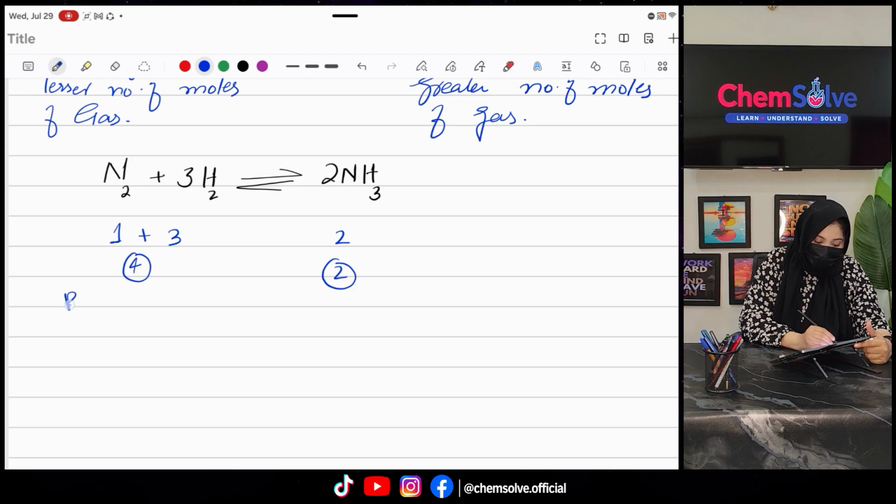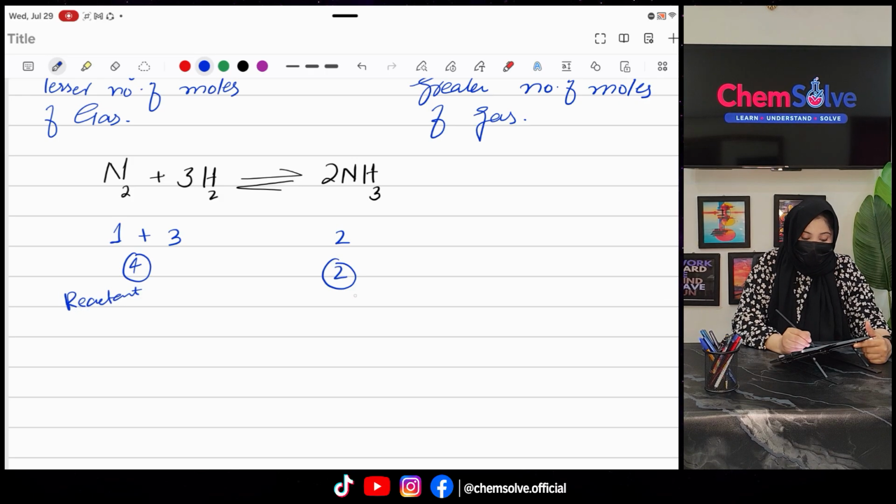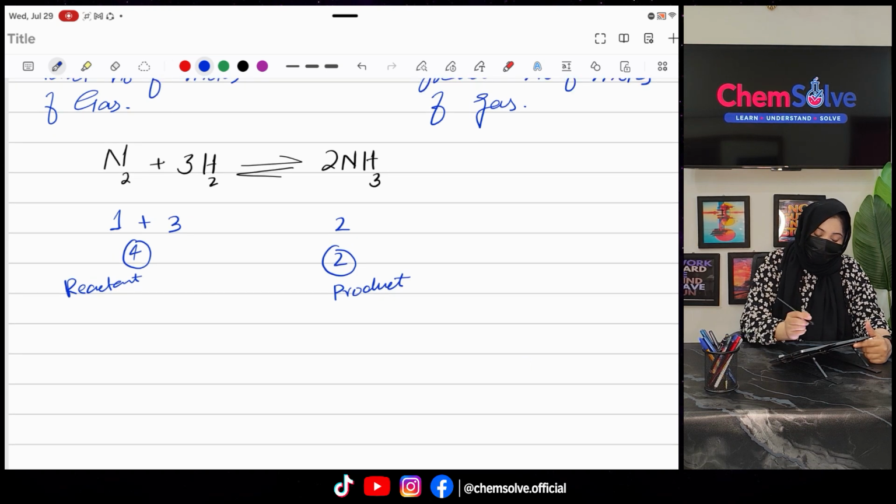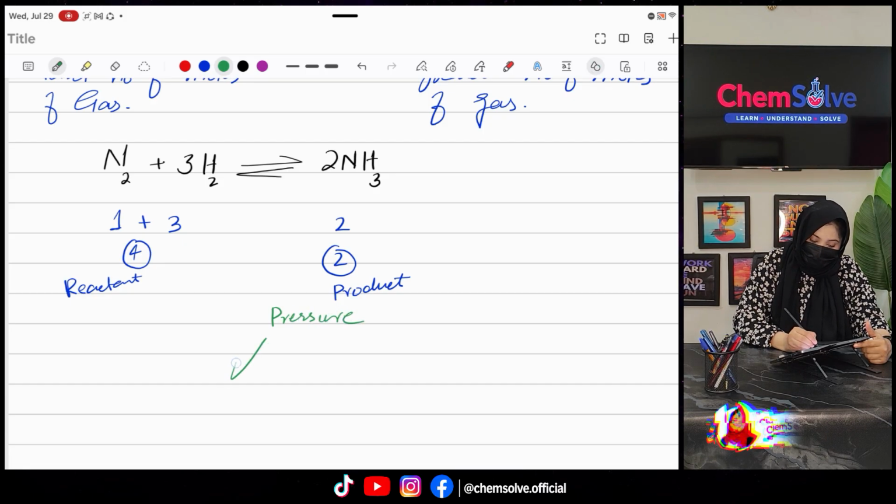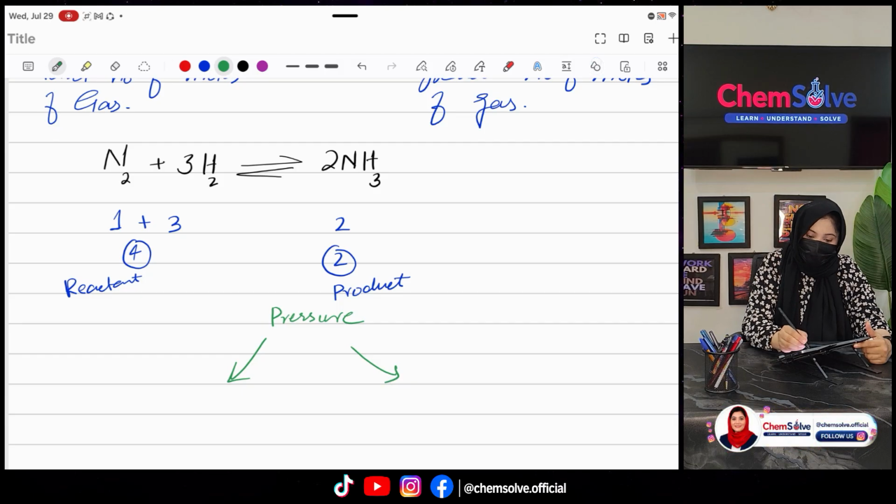So on the reactant side, I have 4 moles of the gas, and on the product side, I have 2 moles of the gas. So if the pressure of the mixture is increased, then what would happen?